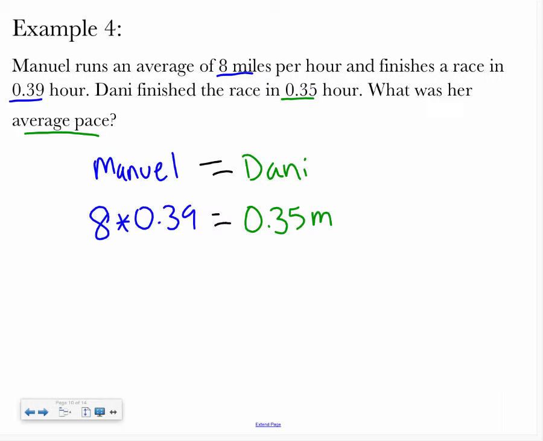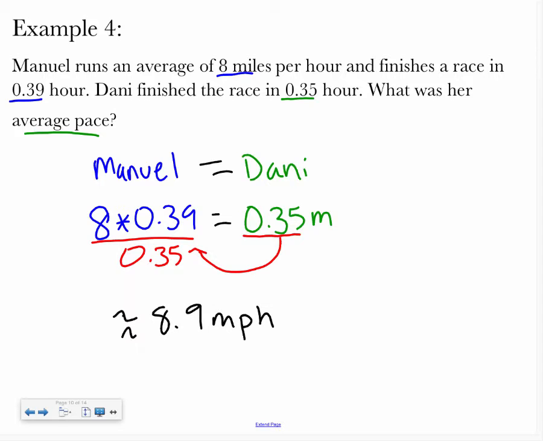What I can do, I can say 8 times 0.39, and then I can move this over by dividing. So if I do 8 times 0.39 divided by 0.35, I'm left with about 8.9 miles per hour. Okay?